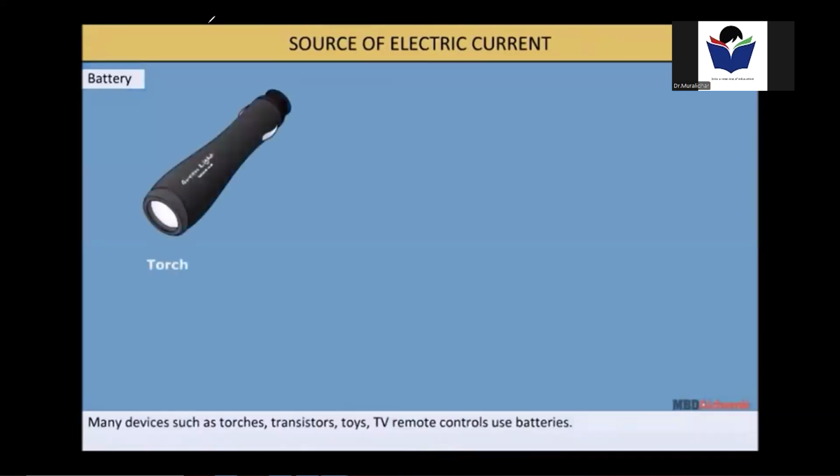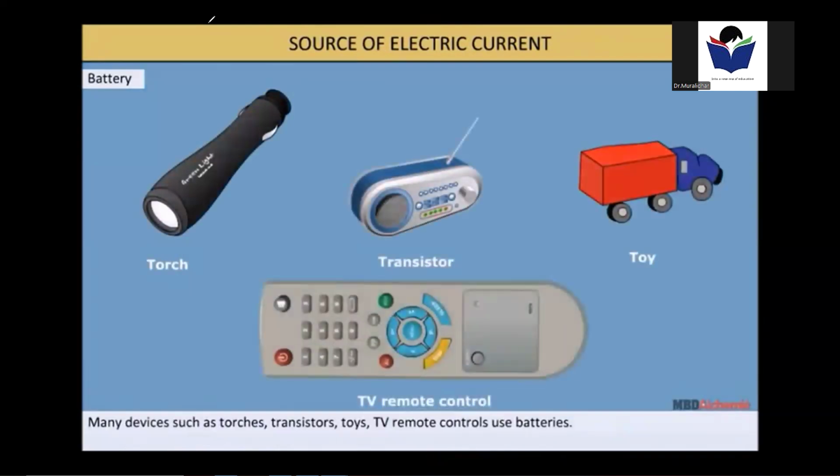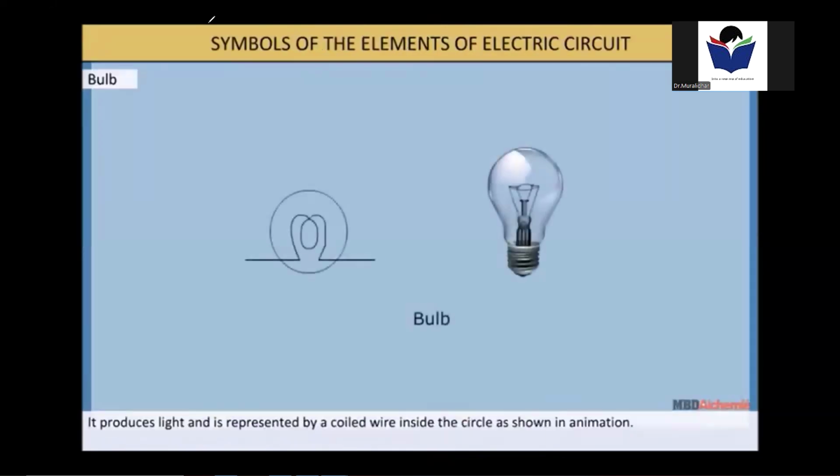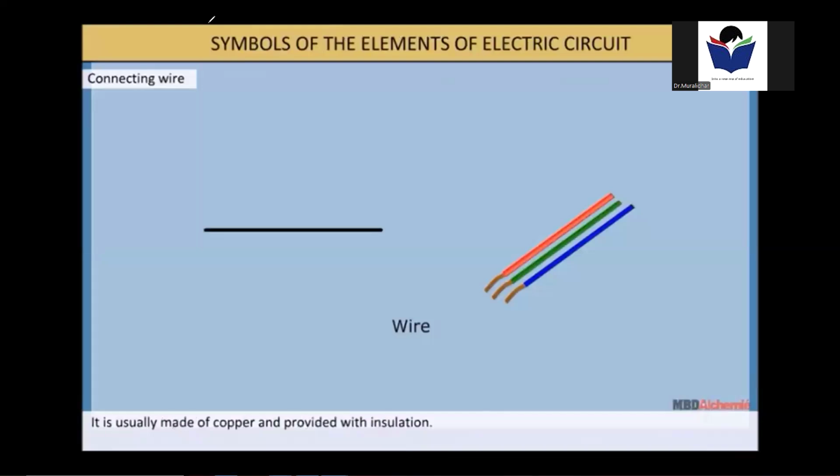Many devices such as torches, transistors, toys, TV remote controls use batteries. Bulb. It produces light and is represented by coiled wire inside the circle as shown. Connecting wire. The connecting wire is represented by a straight line. It is usually made of copper and provided with insulation.